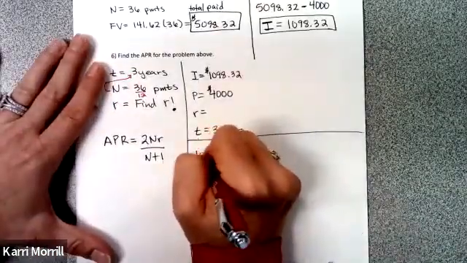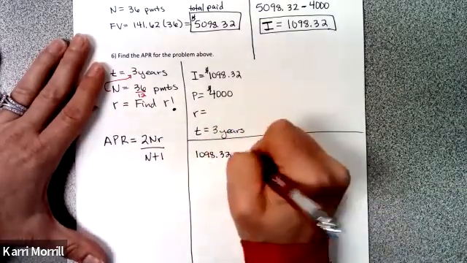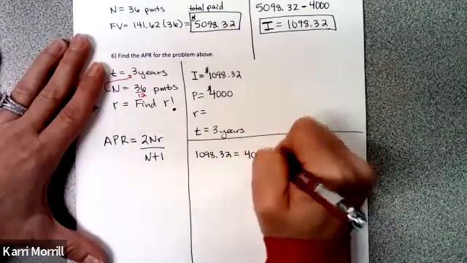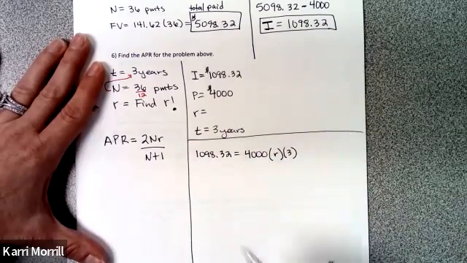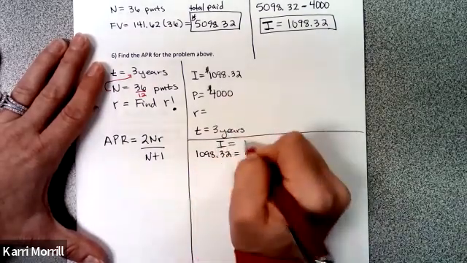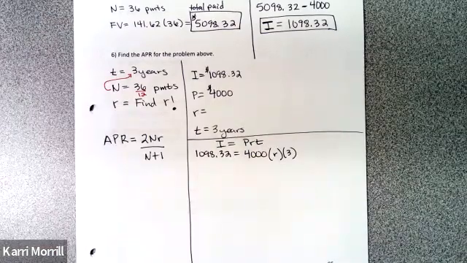So $1,098.32 equals my principal times my rate times my time. Remember, this is using your simple interest formula. What do I do first before I can solve for R? Multiply.